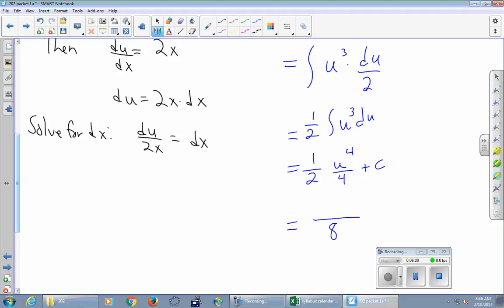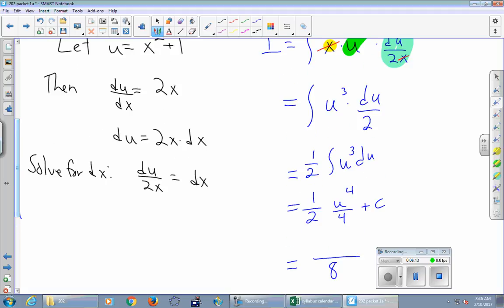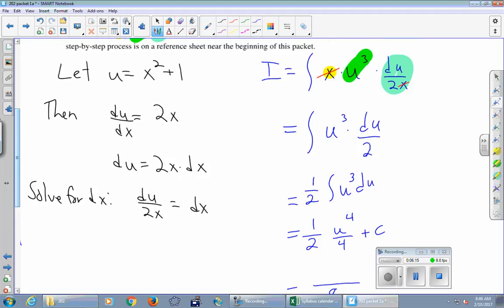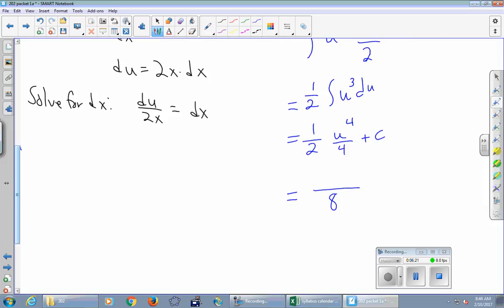So we go back, instead of u, and just use our definition. It's right there, right? u is x squared plus 1. So we just change the u to an x squared plus 1. x squared plus 1 raised to what power? To the 4 plus c.